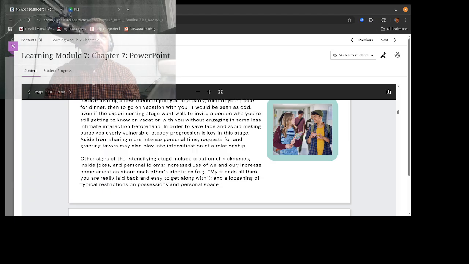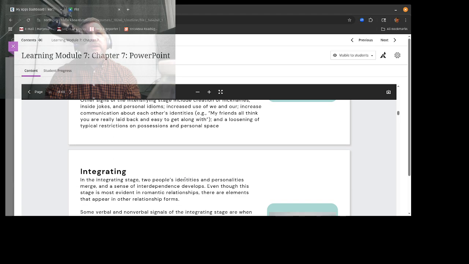Often we'll increase our use of we and our. We'll also increase our communication about our identities and the other person's identities. This is a loosening of the typical restrictions of personal space and possessional ideas. So we will start to loosen those bonds.